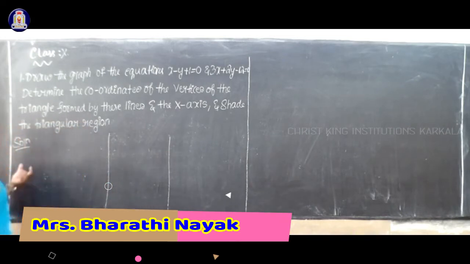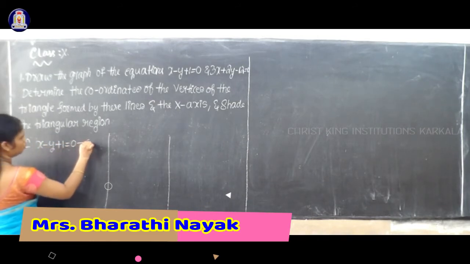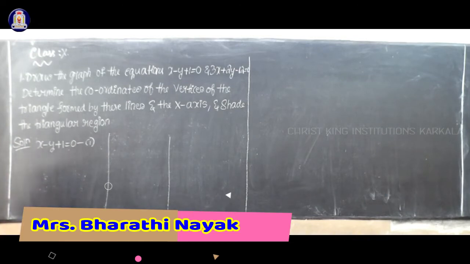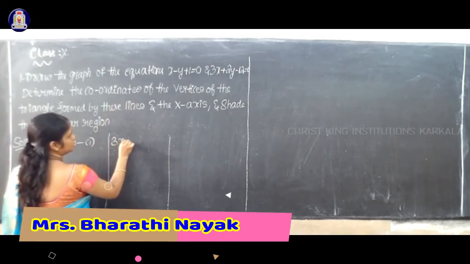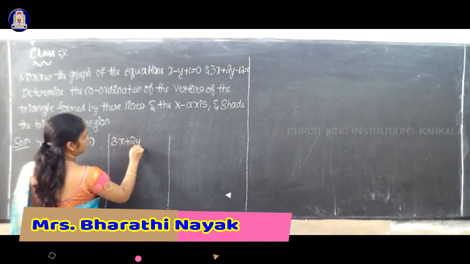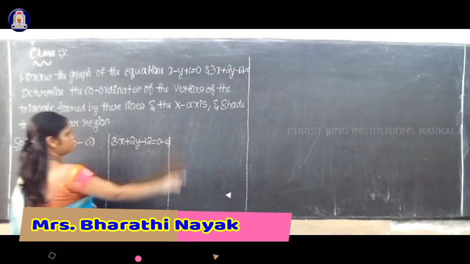In the first column, I will write the first equation, that is x minus y plus 1 equal to 0. I will consider it as equation number 1. And in the second column, I will write the second equation, 3x plus 2y minus 12 equal to 0. This is your equation number 2.